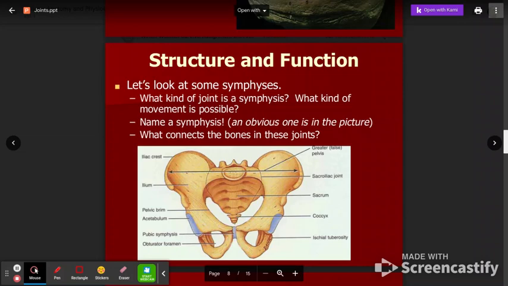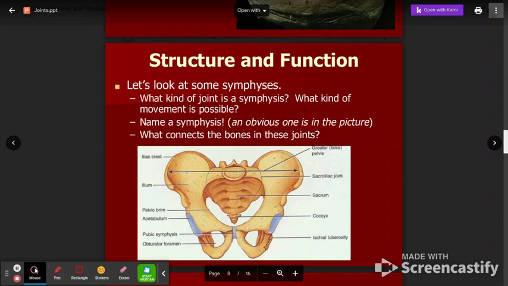Wait, what did we write down for the sutures? Name four of these sutures. We gave three names. What were they? There's four: metopic, coronal, sagittal, lambdoid.